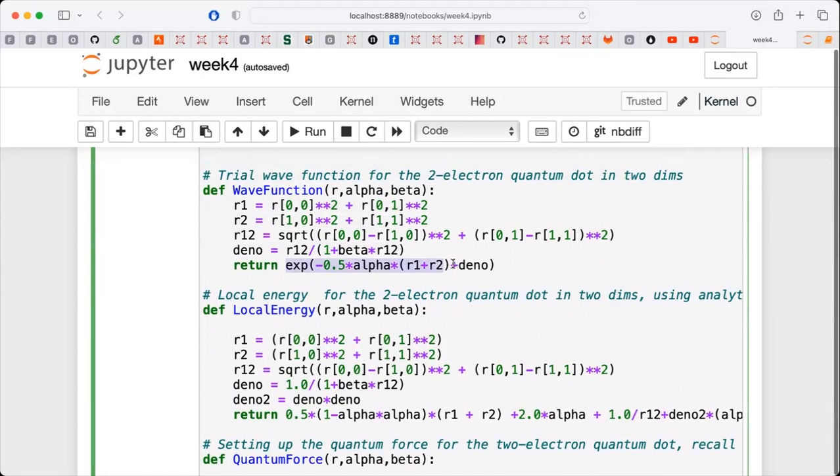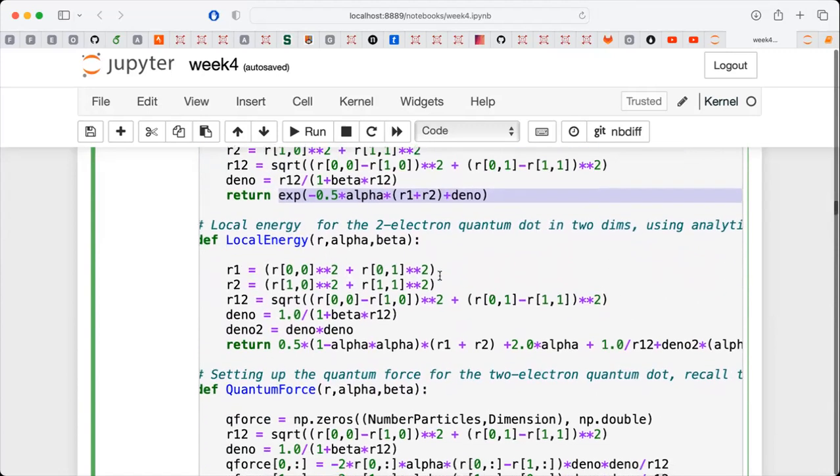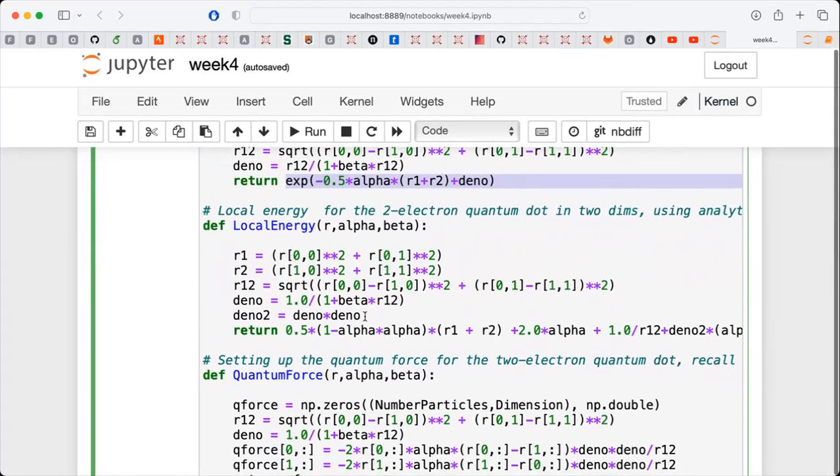And then it contains an additional piece which comes from correlations due to the Coulomb force. And you can neglect that. So the first part is the harmonic oscillator. That means that your local energy is just going to contain these two terms. The other terms which you see here follow from the derivatives of the kinetic energy for the two-particle correlation function.